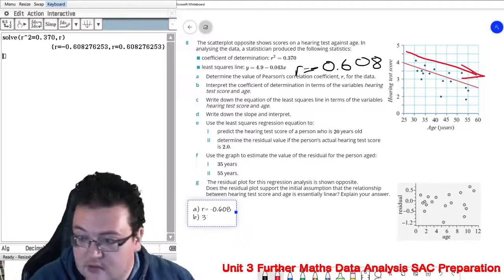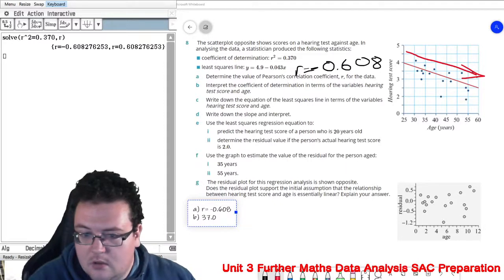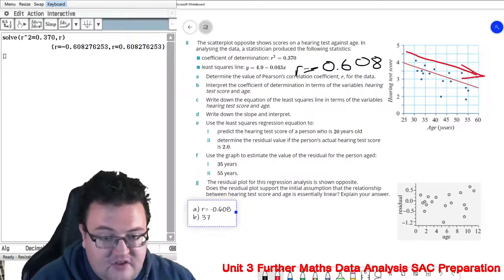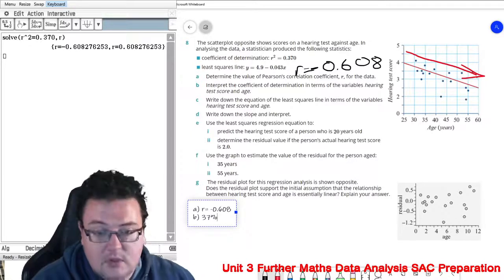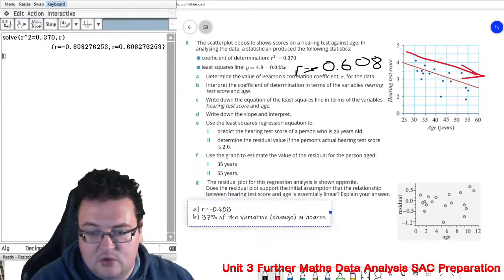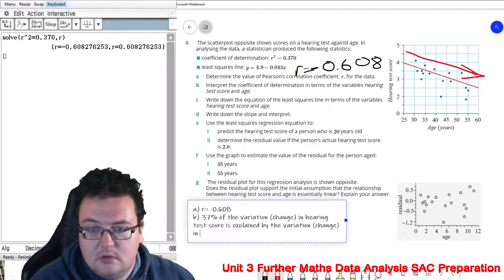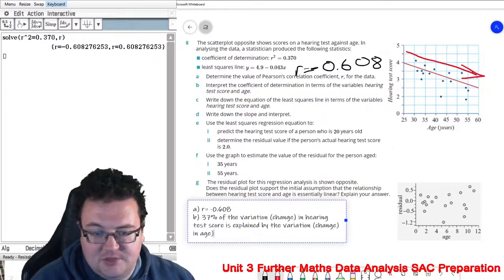That means that's 37% of the variation in hearing test score is explained by the variation in the age.